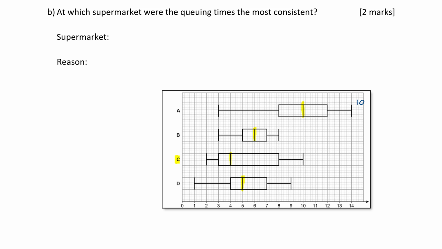So let's have a look at A. Now the lowest value, Q1, is this one here, look, and that's at 8 minutes, and its Q3, its upper quartile is in there. That gives us an interquartile range of 4, it's 12 take away 8, isn't it?